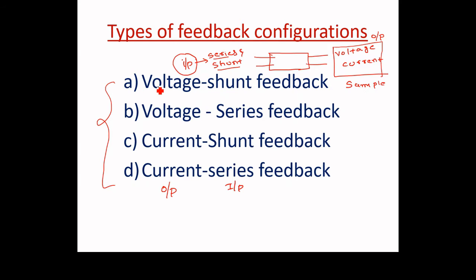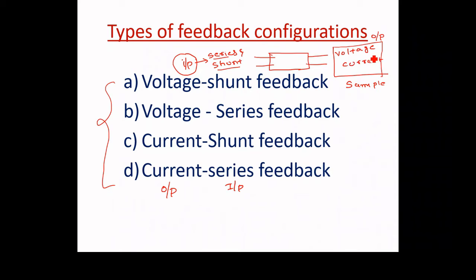In the first configuration, we are taking the voltage sample and connecting it in shunt, so we get voltage shunt feedback. Second, we are taking the voltage sample only, but connecting in series with the input. Then it is voltage series feedback.